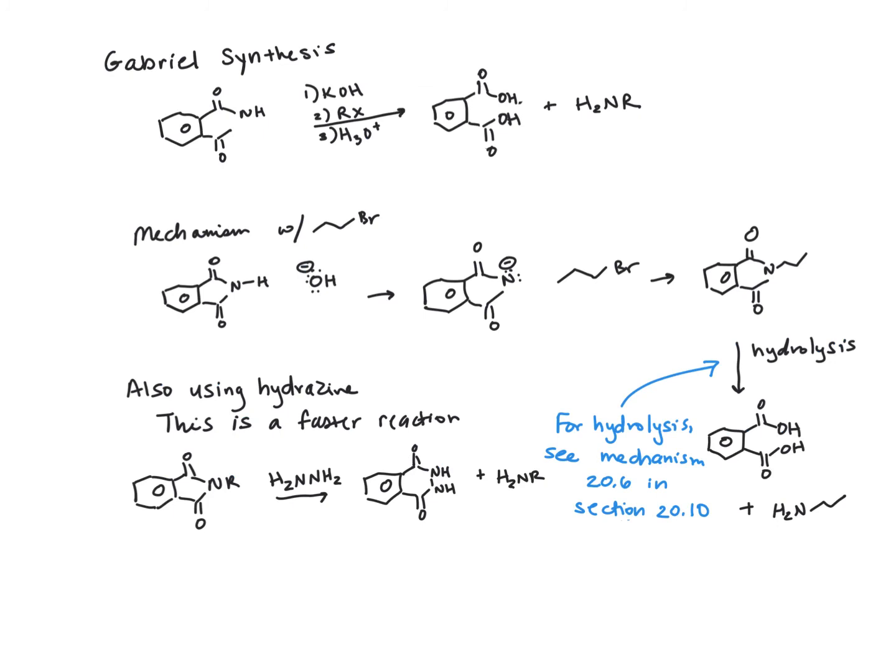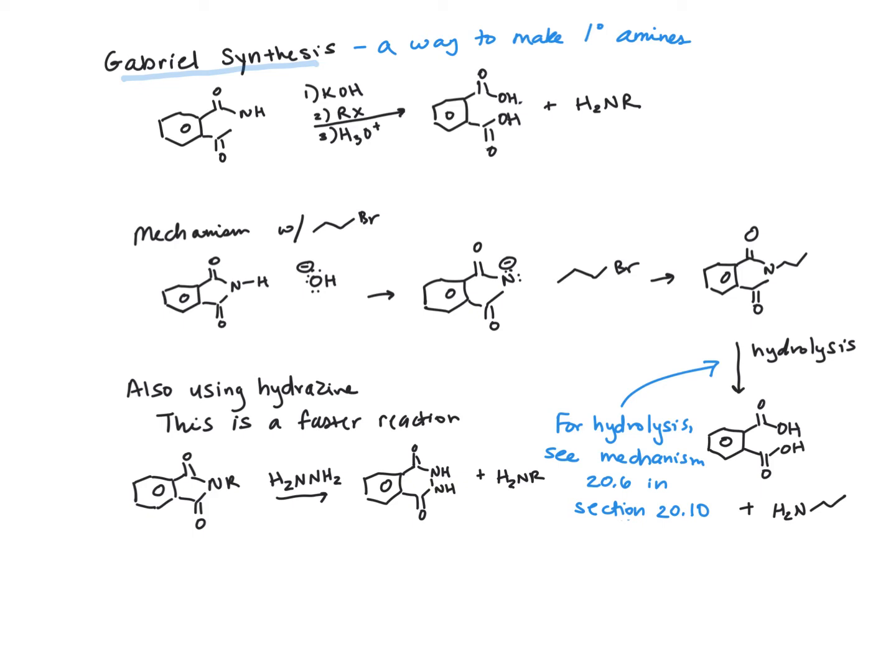Our next reaction is the Gabriel synthesis, and this is a way to make primary amines. This reaction involves 3 steps. First, we have potassium hydroxide to deprotonate our amine, or our nitrogen hydrogen.